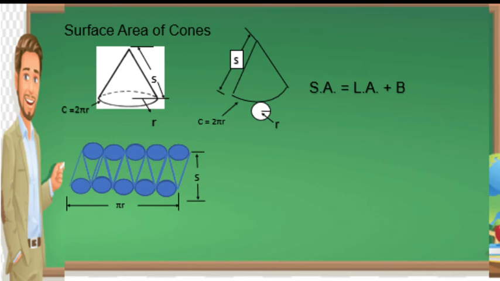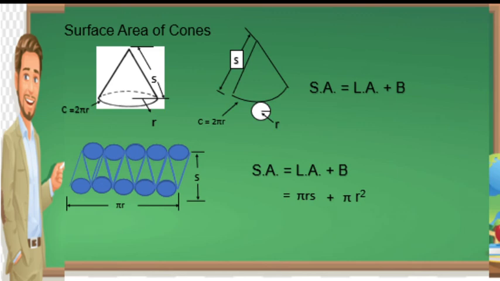So, the base of the new figure is pi r, and the height is the slant height of the curved surface. So, the lateral area is equal to pi r s, or pi multiplied by the radius times the slant height, plus of course the area of the base, which is equal to pi r squared.